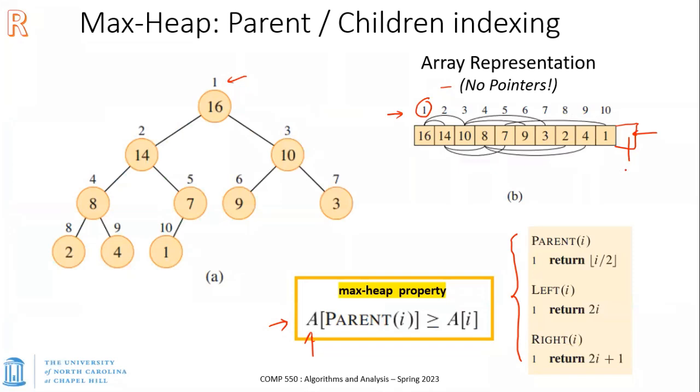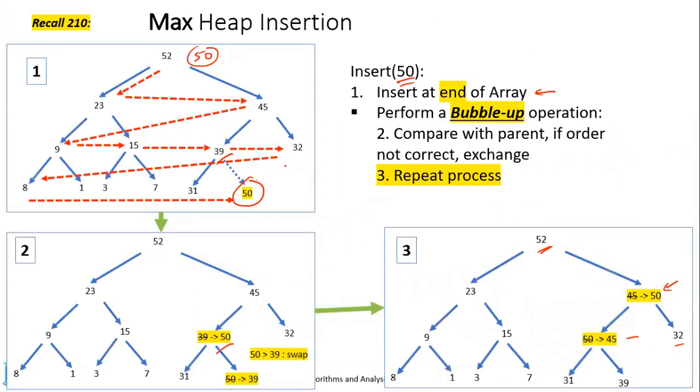So when we're inserting a new number, we're inserting at the end of the array, and that does maintain the complete binary tree property. You're not, for example, inserting it over here, which would have created holes and would not maintain the complete binary tree. So that's one reason. Yes?